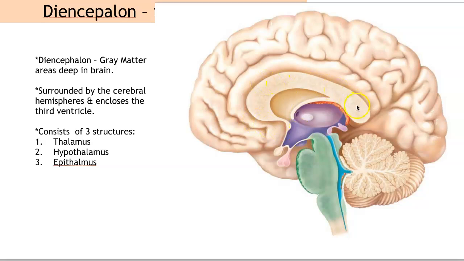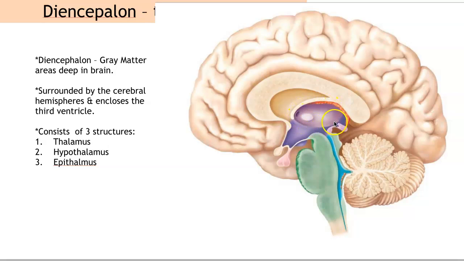So this is a mid-sagittal cut. So remember, everything that is light colored, this is all part of the cerebrum except for the cerebellum. This purple part here, this is the diencephalon. This is where the diencephalon is going to be located.